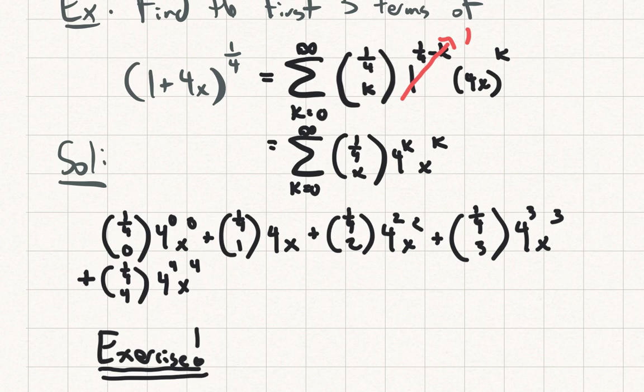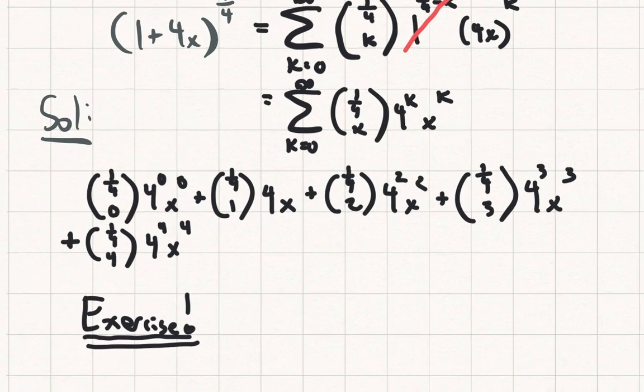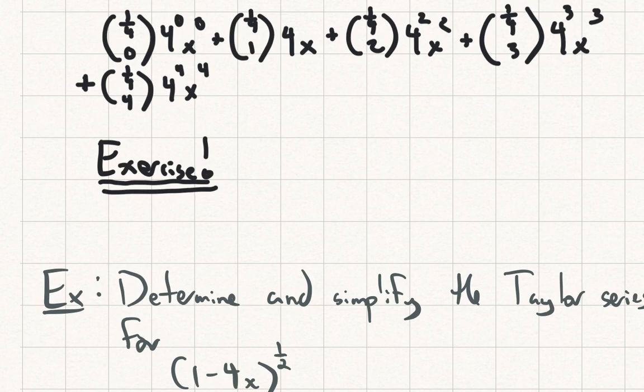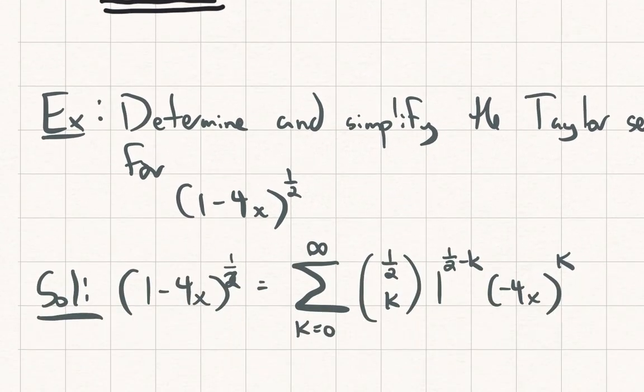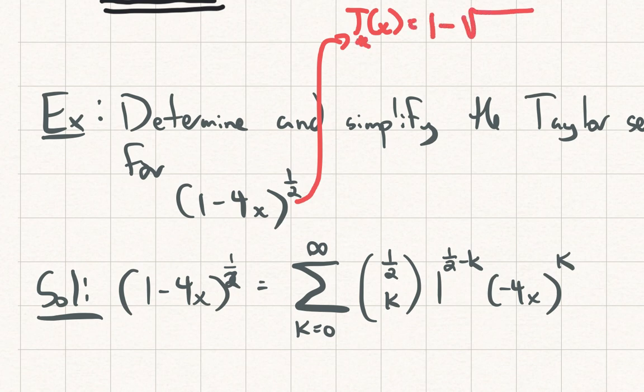Okay, so we understand how the generalized binomial theorem works now. So if you remember, in our generating function for t of x, remember t of x, or I guess t star of x, was (1 minus the square root of 1 minus 4x) all over 2x.